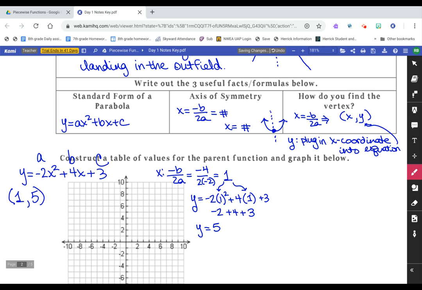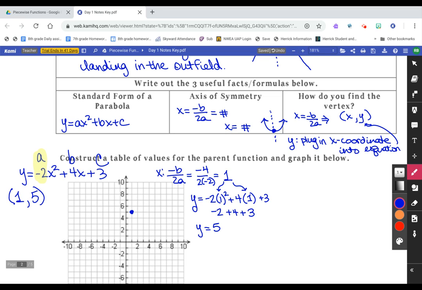Now to graph this, we would go over 1 up 5, and we'd have to look at the equation. The equation has a negative 2 as your a. The negative means that it's going to open down, and the 2 means that it's going to be a vertical stretch by a factor of 2.